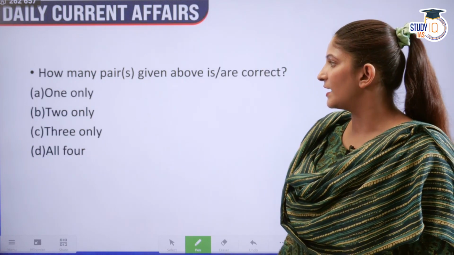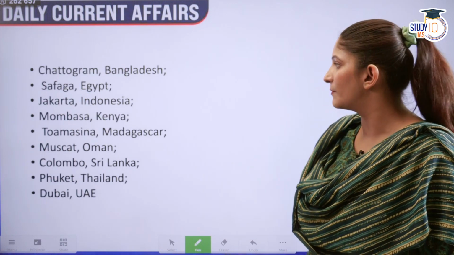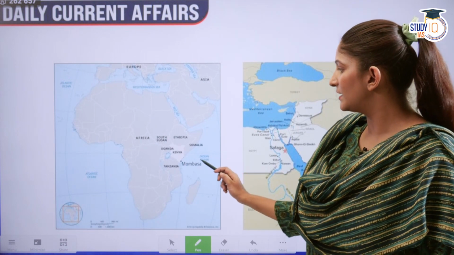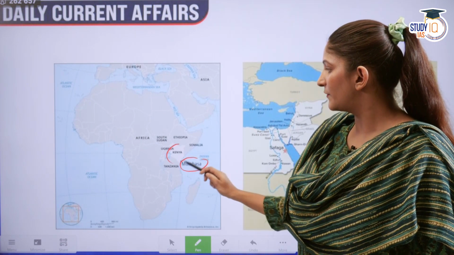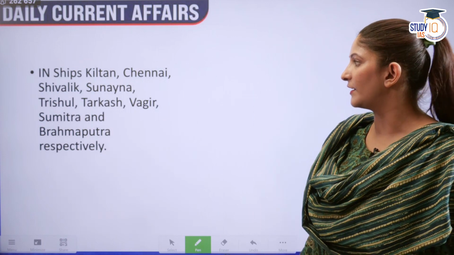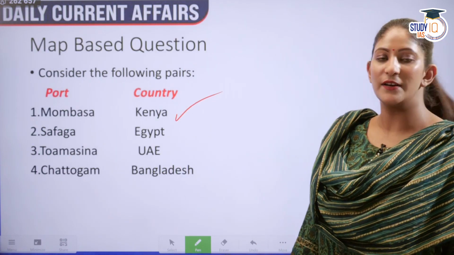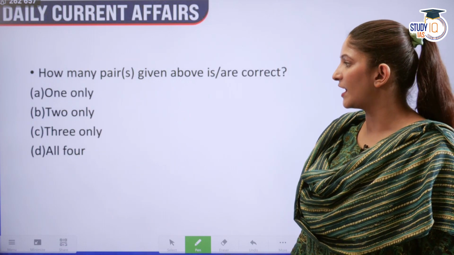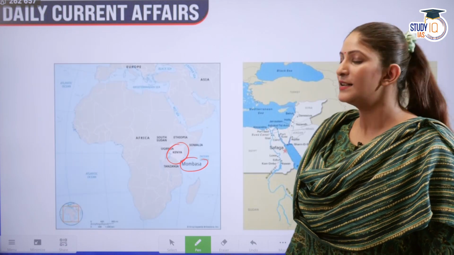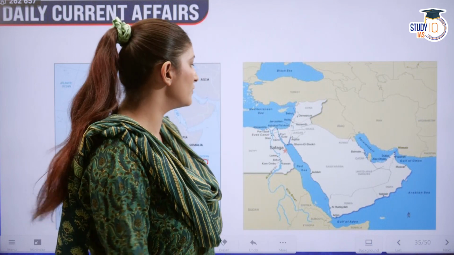Now, Mombasa is in Kenya. So the first pair is definitely correct. Then Safaga, we have to match with the country it is found in. Yes, it belongs to Egypt.